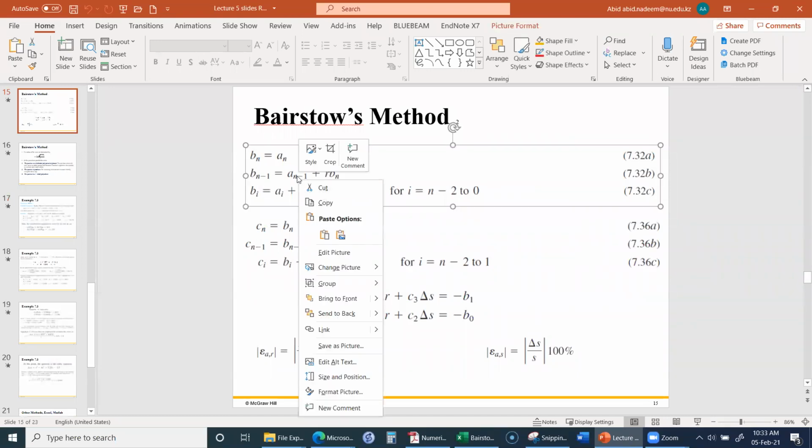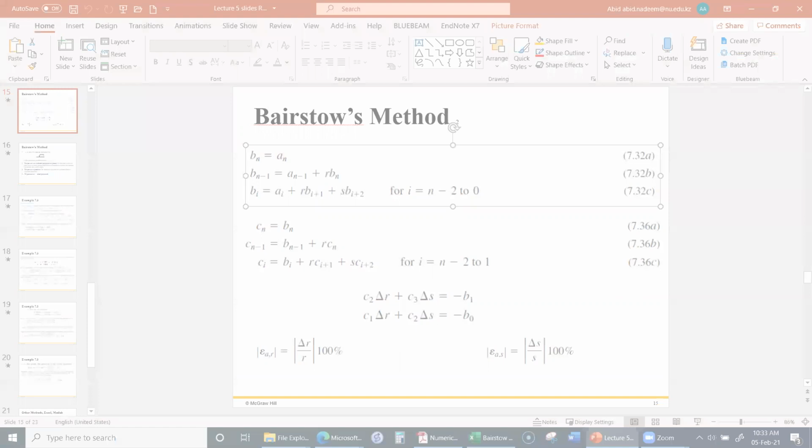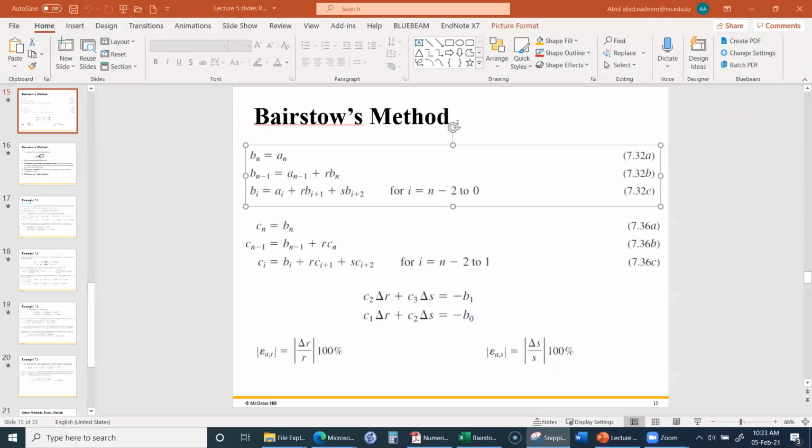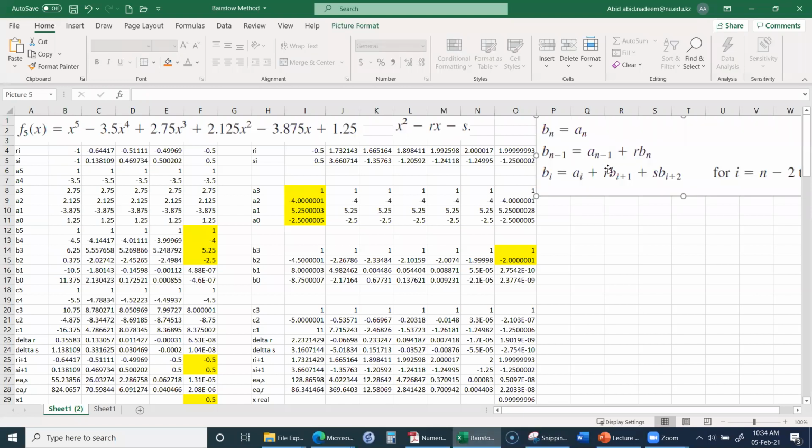Sorry, not calculated. We don't need to calculate a. We need to calculate b, and then we need to calculate c's.